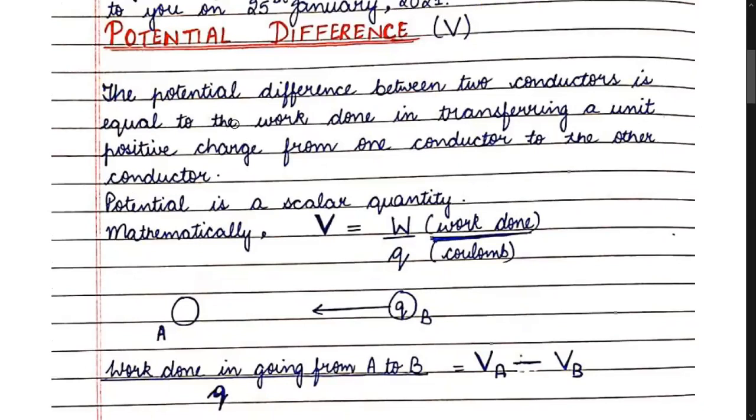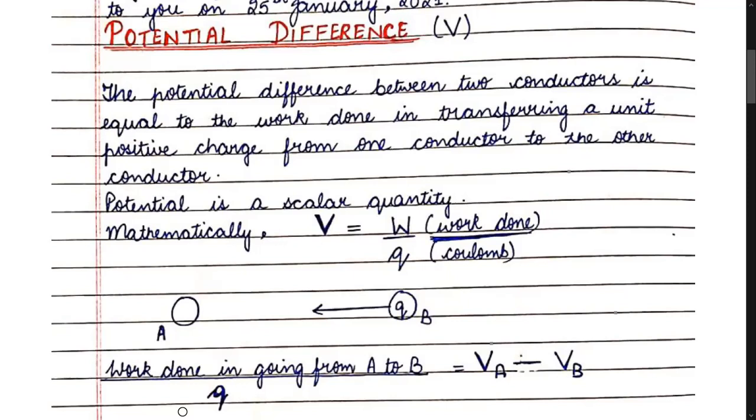The potential difference between the two conductors is equal to the work done in transferring a unit positive charge from one conductor to the other conductor.